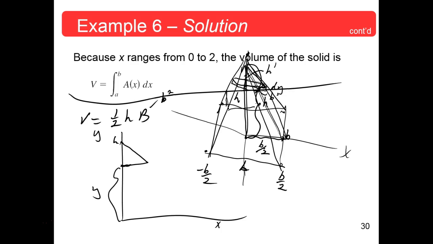So the ratio of the height, which is along the what I was calling our b prime and h prime. B prime is to h prime as h is to b over 2.